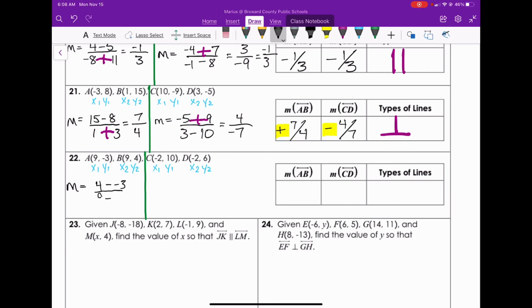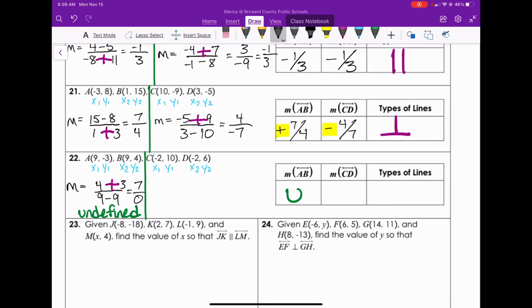And then x2 minus x1, which is 9 minus 9. On the top, once again, we have double negatives. So when we evaluate that, that's going to become 7 divided by 0. And anything divided by 0 is undefined. So our slope for AB, I'm just going to put U, which stands for undefined.